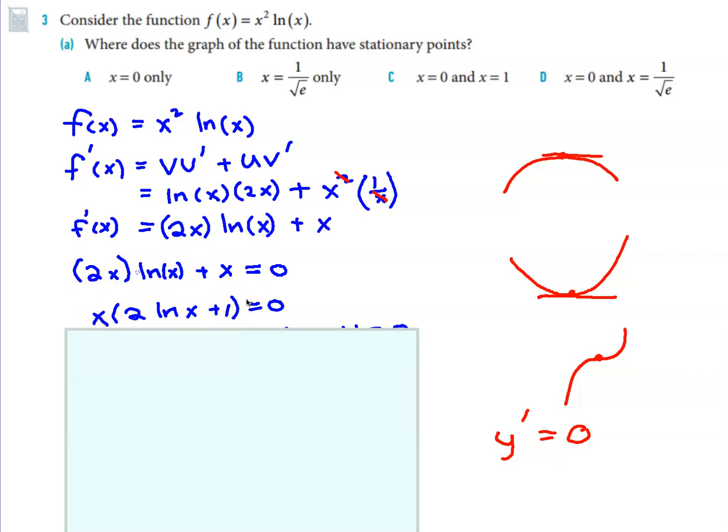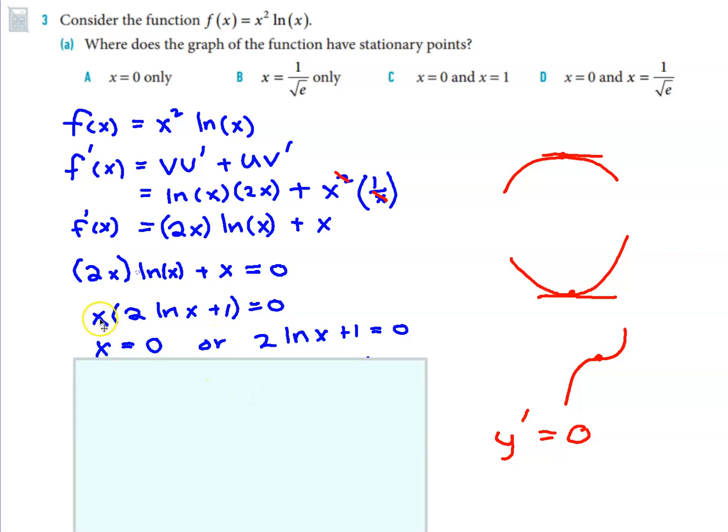So now I've got the x outside of the brackets. The next step is to say either that factor equals 0 or that factor equals 0. Whenever you've got something times something equals 0, each of those can equal 0. So that's where the next line came from. So there's one solution. And to solve this one, again, you might want to stop the video and see if you can finish that one off.